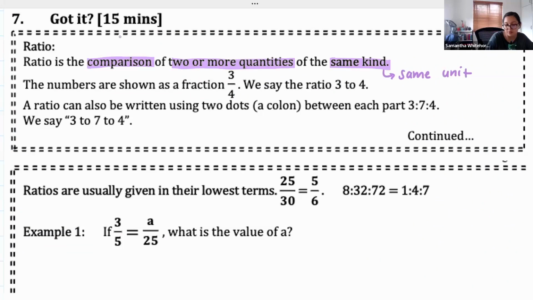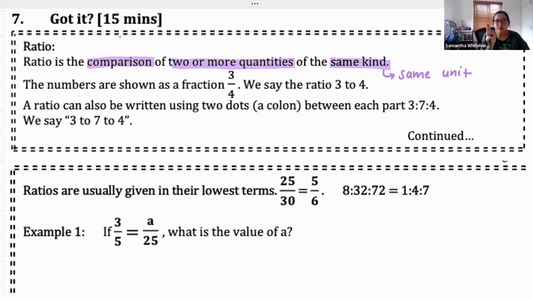So, for example, I'm looking at the relationship between 50 Rand and 150 Rand. What is their ratio? What is the comparison between the two? Well, 50 Rand is a third of 150 Rand, or 150 Rand is 3 times as much as 50 Rand. So it's comparing these two values that have something in common, which is their units.